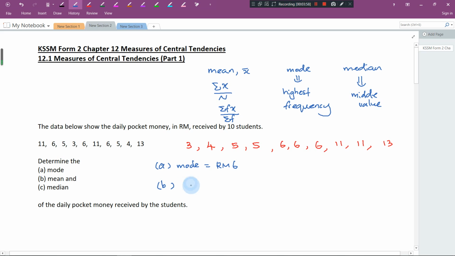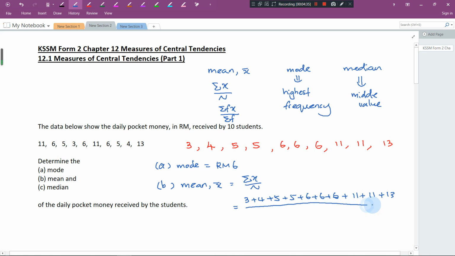Okay, how about mean? Sum of x divided by the number of data. Sum of x means that we take all these plus together: 3 plus 4 plus 5 and so on. Let me copy down all first. 1, 2, 3, 4, 5, 6, 7, 8, 9, 10, so I have 10 data over here: 3, 4, 5, 5, 6, 6, 6, 11, 11, 13.